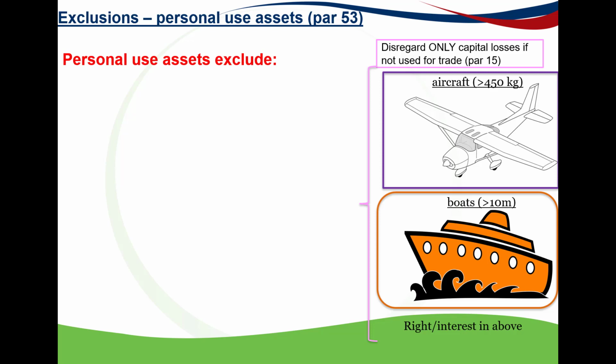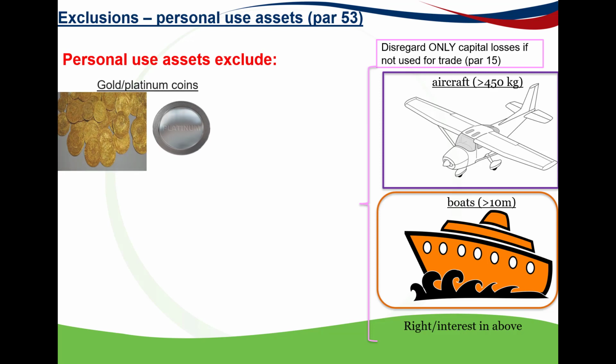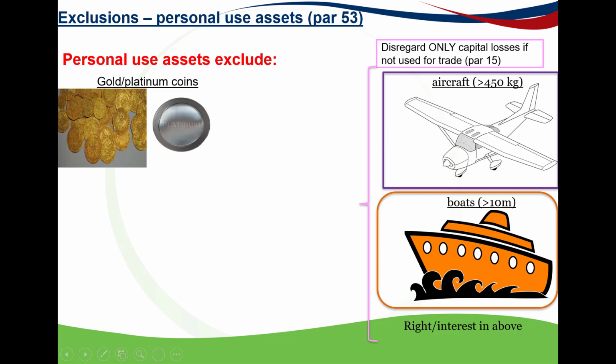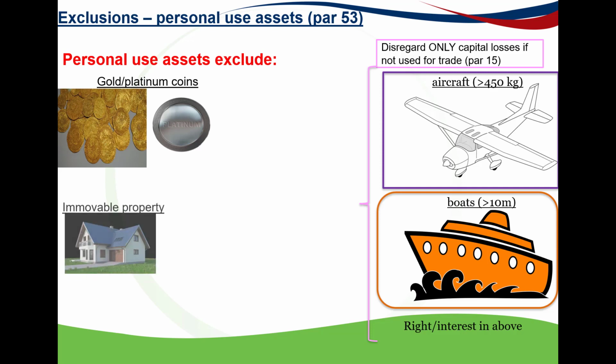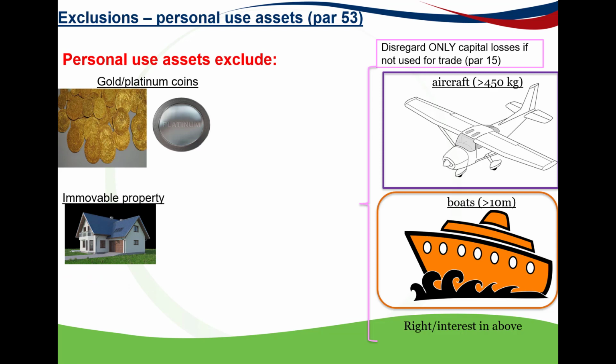used for multiple purposes. In addition to the three assets excluded from the personal use assets, the following assets are also excluded from personal use assets. That is your gold or platinum coins, immovable property, short-term insurance relating to non-personal use assets, financial instruments, as well as any insurance policy which is not short-term.